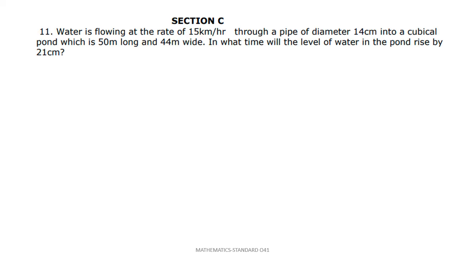So water is flowing at the rate of 15 km per hour through a pipe of diameter 14 centimeter into a cubical pond, which is 50 meter long and 44 meter wide. In what time will the level of water in the pond rise by 21 centimeter?